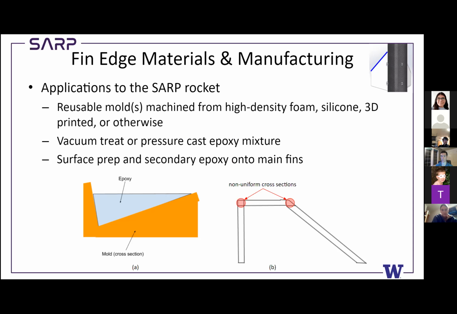You can see the simplest mold for our purposes would be shown in A that gets the triangular shape. The only challenge with that is the 2 points shown in figure B are non-uniform cross sections just because the direction changes, and we'd have to consider how we're going to develop a mold that can accommodate that shape as well.